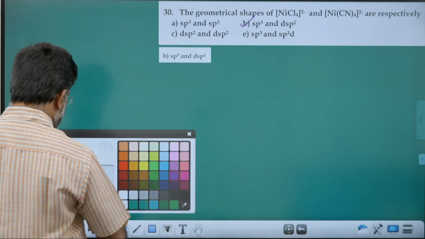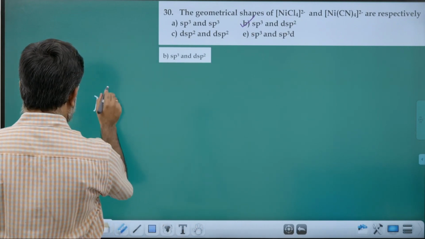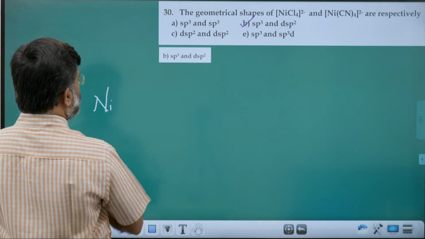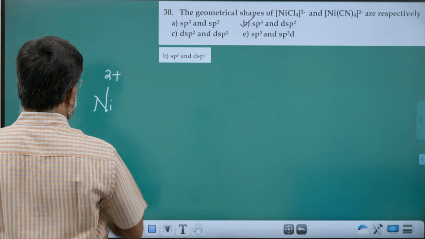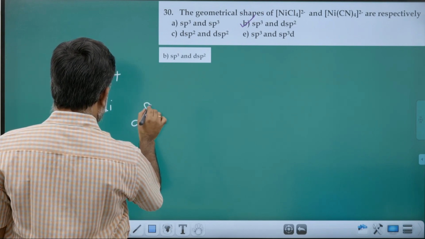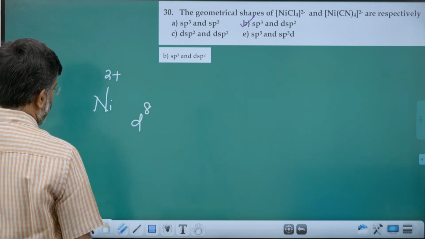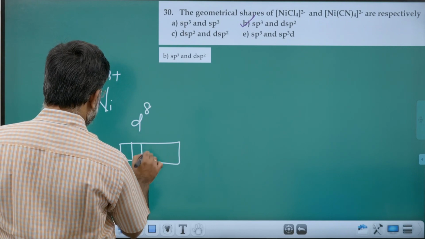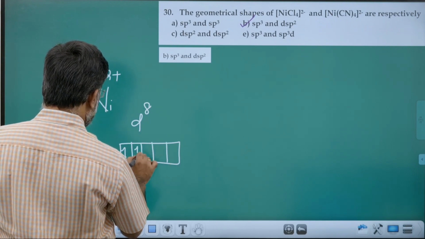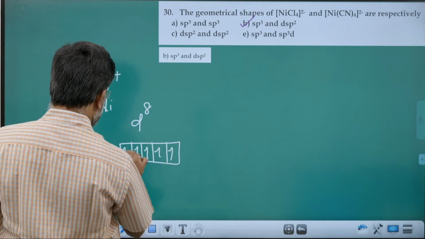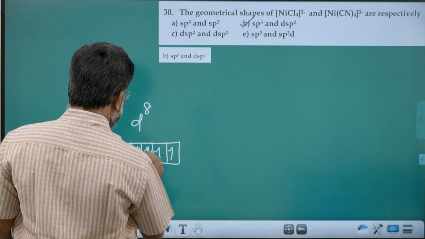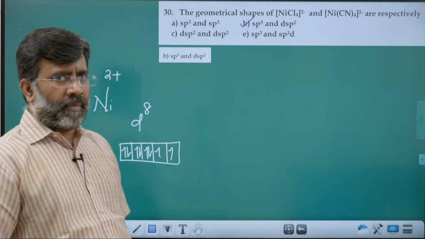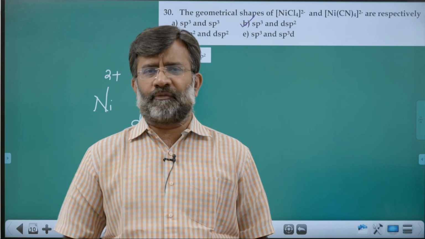If you want, we can just examine what [NiCl4]2- is. It is a nickel 2 plus system, and it will go for d8 configuration. But you see that chlorine is a weak ligand, no?